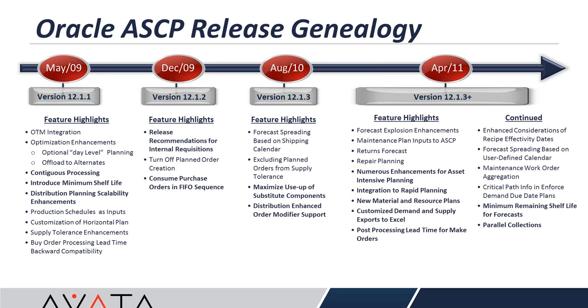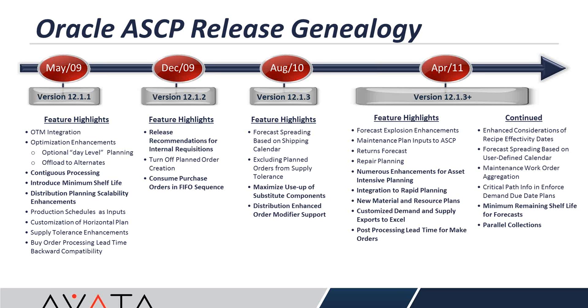So 12.1.1, in R12, they were big on introducing distribution requirements planning, as well as making a lot of functionality available for pharmaceutical and process manufacturing. In particular, the introduction of minimum shelf life requirements, and that has been enhanced and improved over multiple releases that you'll see highlighted here.